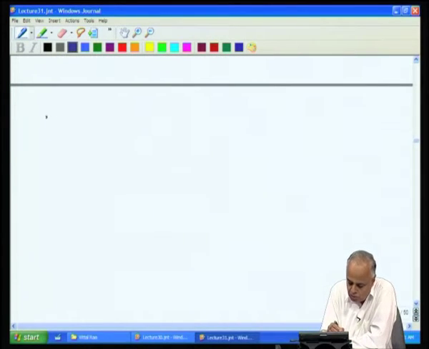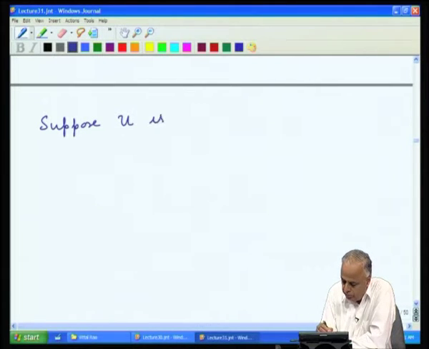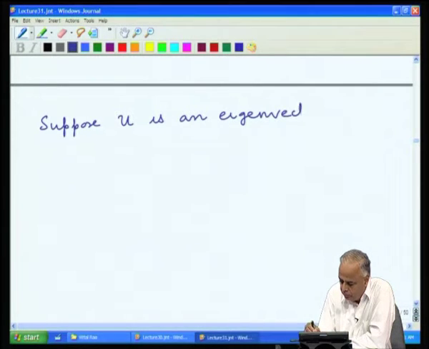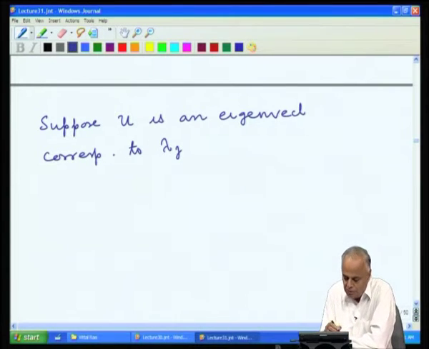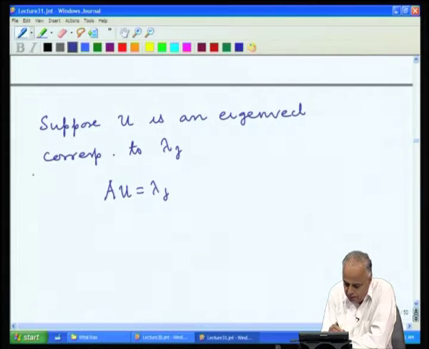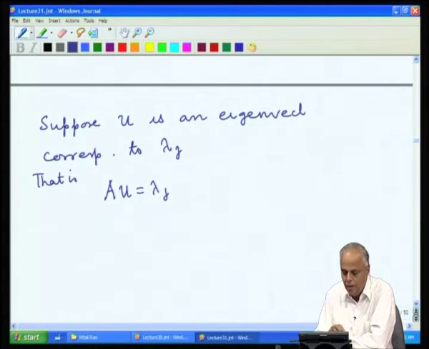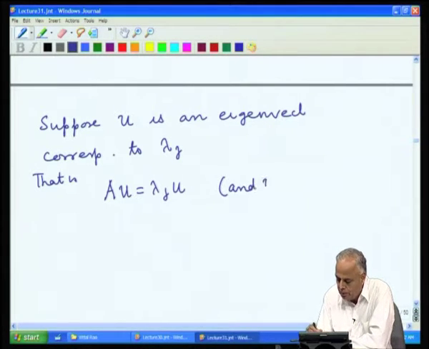Now, suppose u is an eigenvector corresponding to eigenvalue lambda j. What does this mean? Since it is an eigenvector, Au must be equal to lambda j u, and u is not equal to theta n.